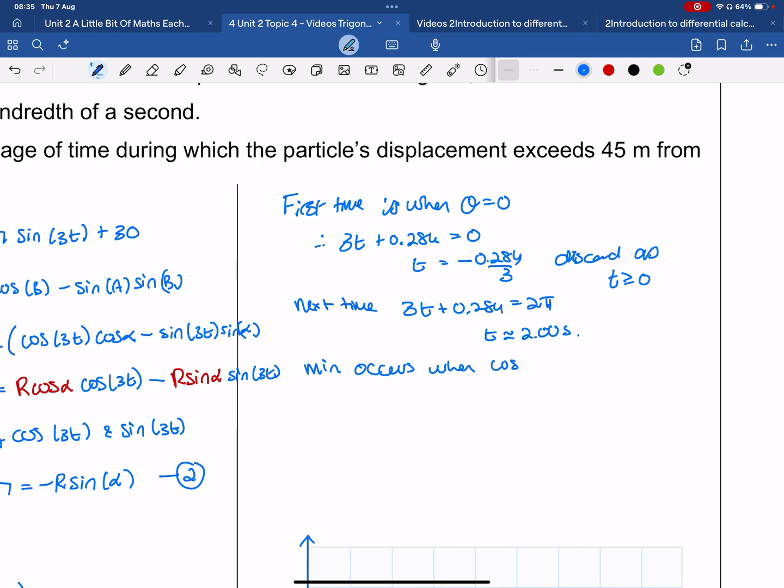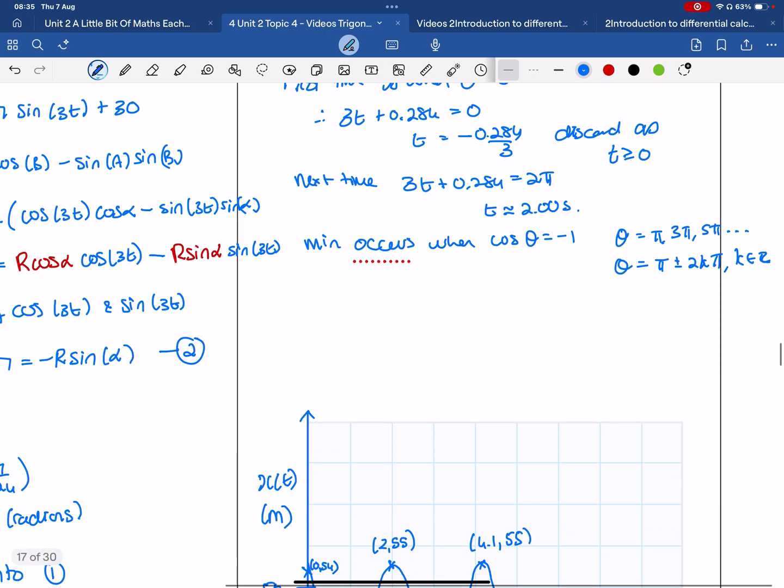Okay. And my min occurs when cos of theta is negative 1. And that's going to be at pi, 3 pi, 5 pi, etc. So theta is pi plus or minus 2k pi, where k is an integer. When theta is pi, we work it out that 3t plus 0.284 equals pi, and t is about 0.95 seconds.